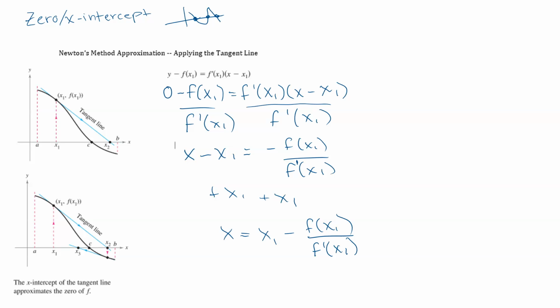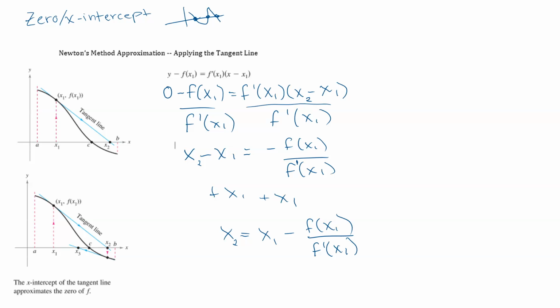However, the process is iterative, which means that we're going to get from a first guess to a second guess, and we can just keep repeating this process again and again. So this equation would get us from the first guess to the second guess.